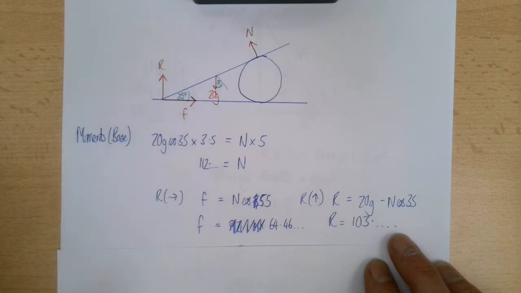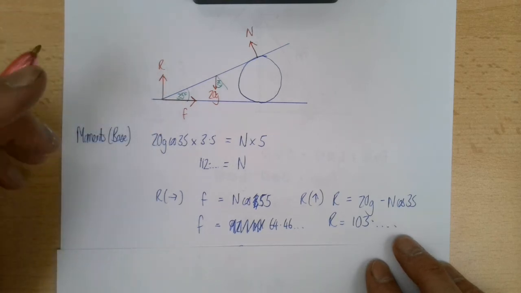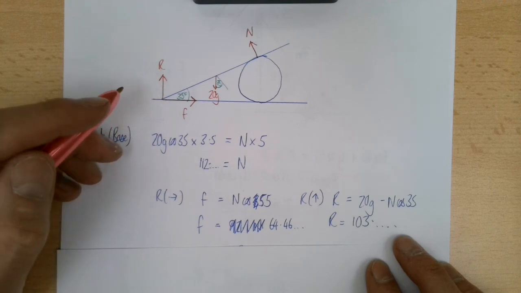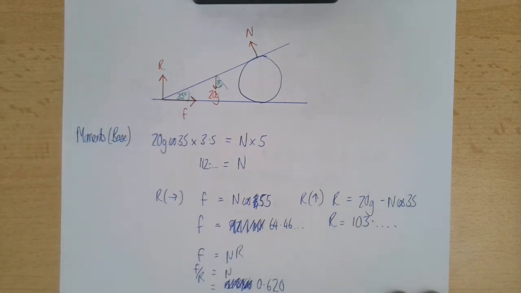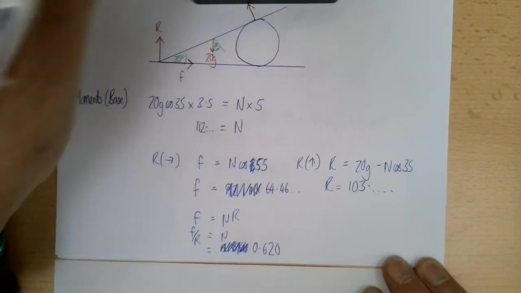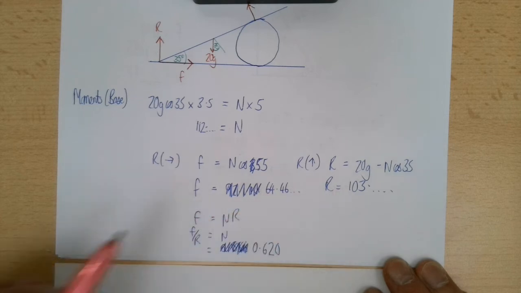Now, the question actually is, what's the minimum value of mu? And we're not told that this is in limiting equilibrium, but if it is in limiting equilibrium, then F is equal to mu R, in which case mu is that number divided by that number.